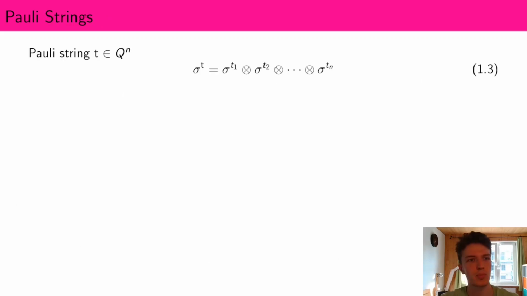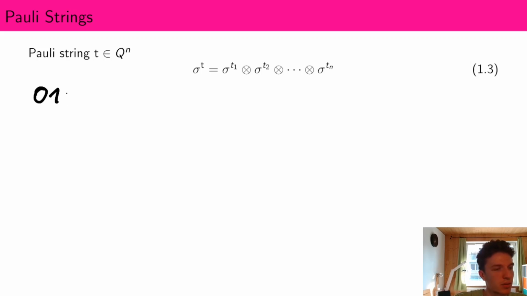But using tensor products of Pauli matrices, one can also describe multi-qubit operators. For example, for n qubits, we define a Pauli string via a string of zeros, ones, twos and threes.